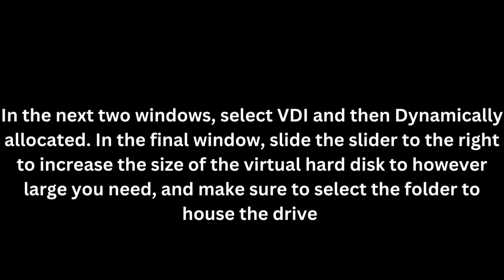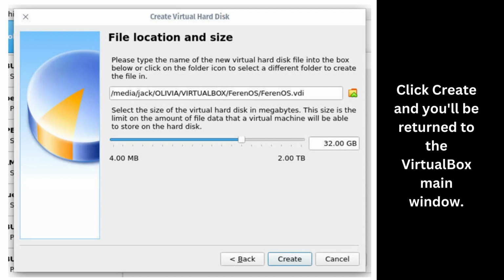In the final window, slide the slider to the right to increase the size of the virtual hard disk to however large you need, and make sure to select the folder to house the drive. Click Create and you'll be returned to the main VirtualBox window.